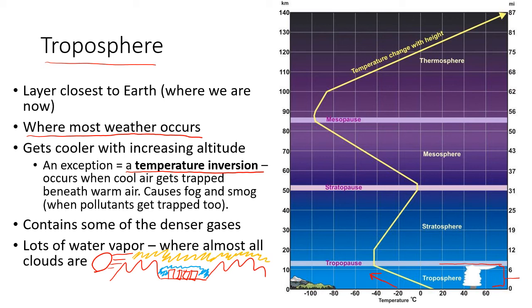And even though warm air is supposed to sink and cool air is supposed to rise, in this case it's not going to because that cool air has become trapped beneath that layer of warm air.